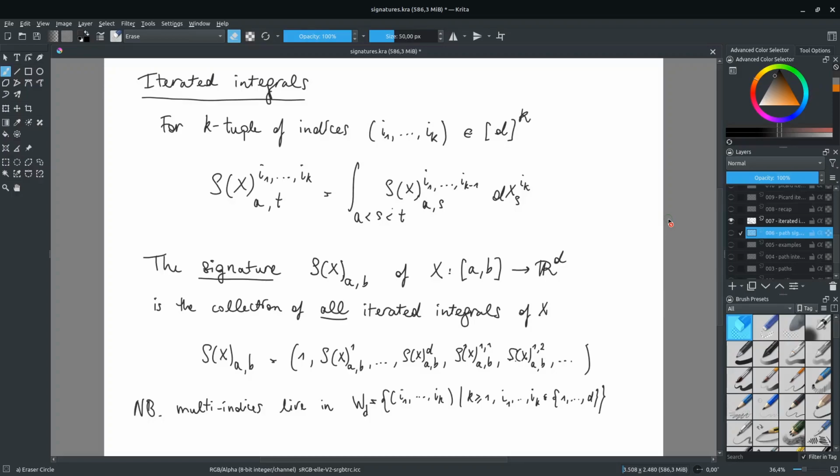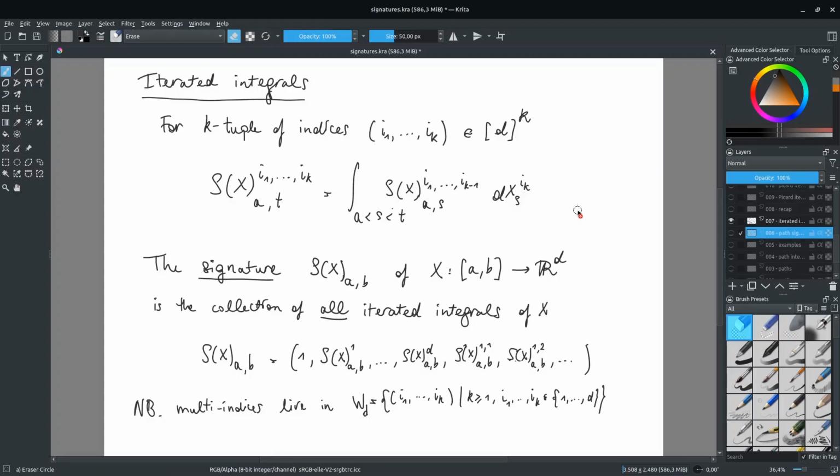So it's just a recursive integral, and at the end it's a very large and maybe not so nice integral to compute, but just an integral. So let's say now I take all these possible k-tuples of indices with all possible values of k. That gives me an infinite number of values, right? Because each of these boils down to just a number.